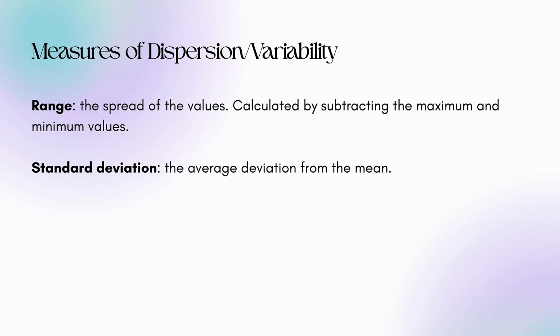Standard deviation is important because for each variable, you're going to calculate a mean, but you don't know if most people are clustered close to that mean or far away from that mean. The standard deviation allows us to determine, on average, how far people are from that mean. It's the average distance from the average. You can think of it that way.